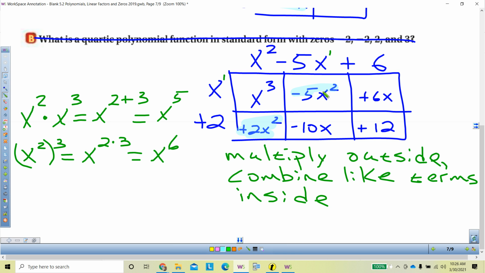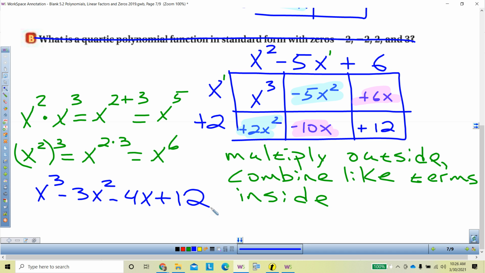And then, right, we're combining lower left to upper right. So combining on the diagonal like that, and that will always work. So our answer here is going to be x cubed minus 3x squared minus 4x plus 12.